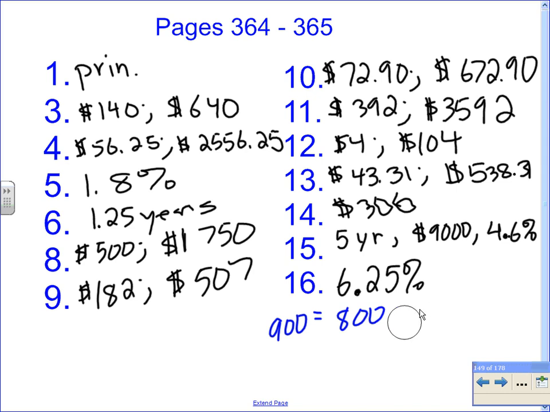You should have 800, and then 1 plus the T is 2 years. That should be your formula. The problem tells you after 2 years, the balance is $900. Okay. So your formula was wrong and you had the wrong years. Just read carefully, because all you're doing is plugging numbers in.